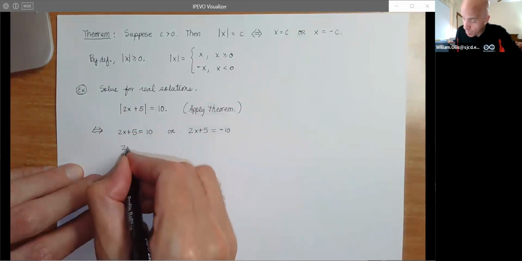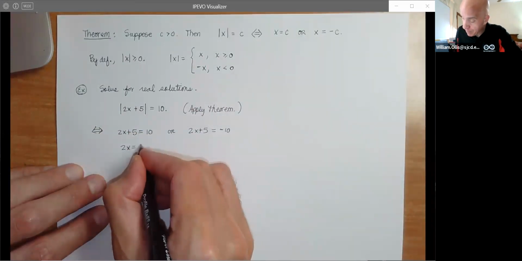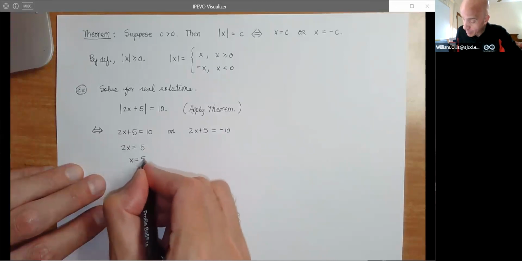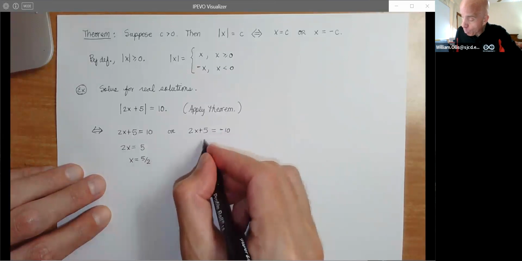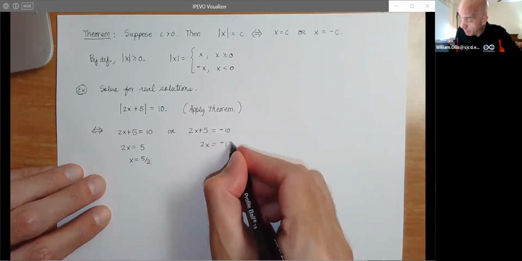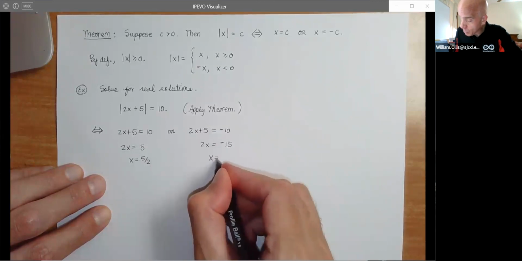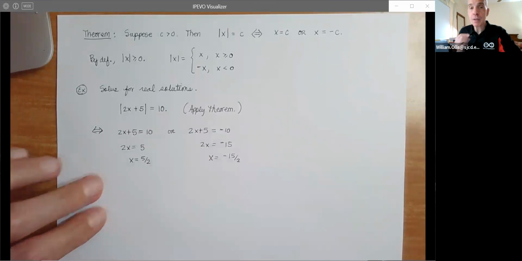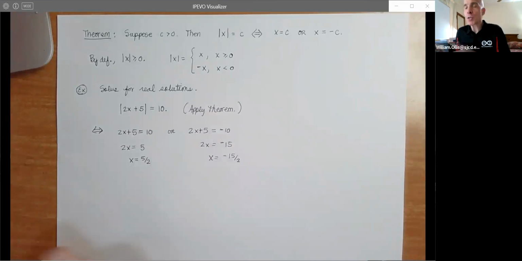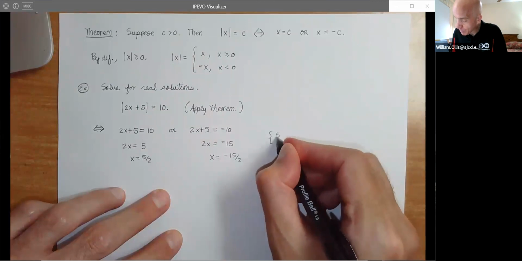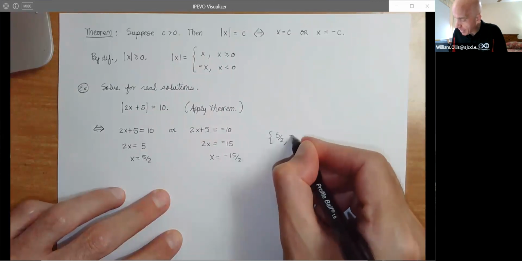So this says 2x, if we subtract 5 from 10 is 5. So x equals 5 halves. Or we have 2x, subtract 5 equals negative 15. So x equals negative 15 over 2. So again, we extend the solution, so to speak. So now we have a 5 halves and a negative 15 halves.